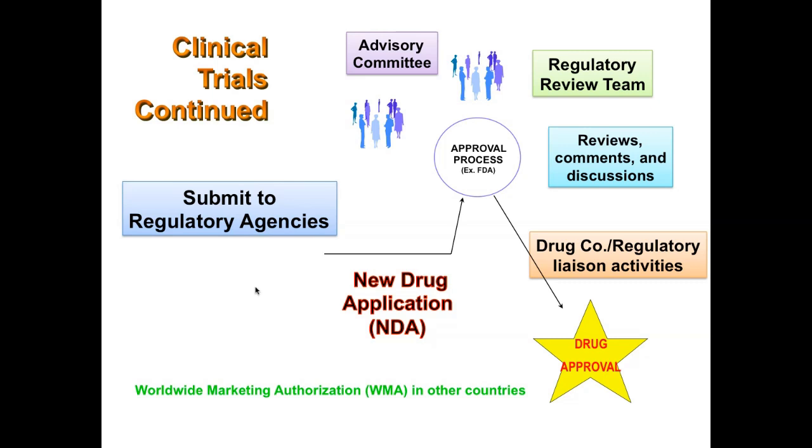So, if you see the process, one has to start with a large number of molecules, maybe several lakhs of molecules, which will pass through all the preclinical data, and about 100 molecules you send to clinical trials.